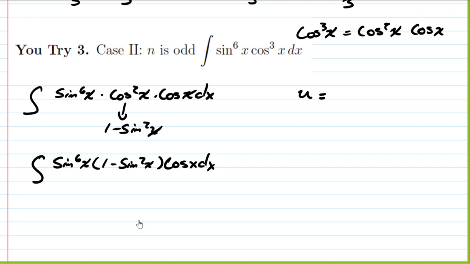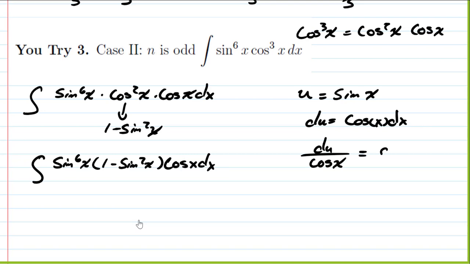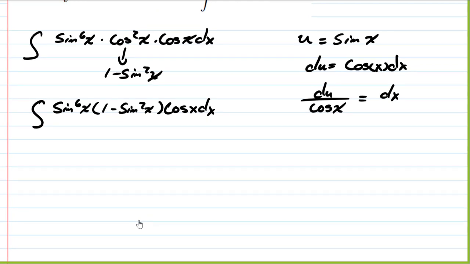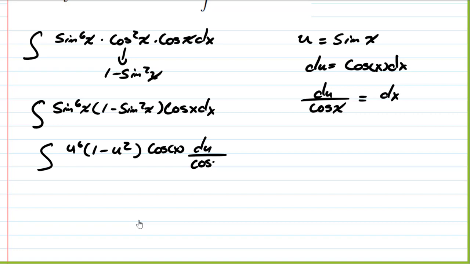And we let our u equal sine, and then du is going to be positive cosine x dx, or du over cosine x equals dx. Substituting all of this in, we get u to the sixth times 1 minus u squared times cosine x, and we get du over cosine. Those reduce out.